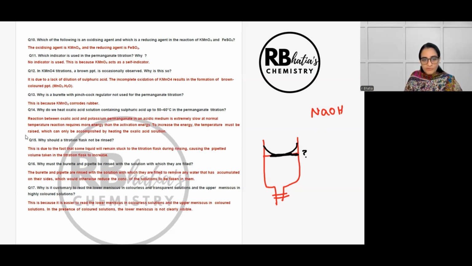But if the solution is colored, let us say we are talking about our 12th standard work, colored solutions, the lower meniscus is difficult to read, so the upper meniscus is taken. We always take the reading from here for colored solutions. Colored solutions, upper meniscus is noted, whereas for colorless solutions, lower meniscus is noted.